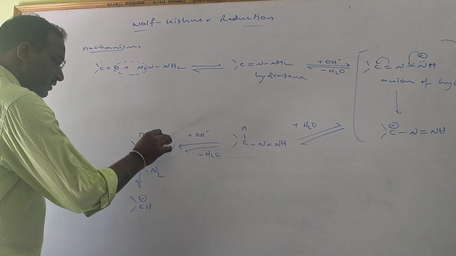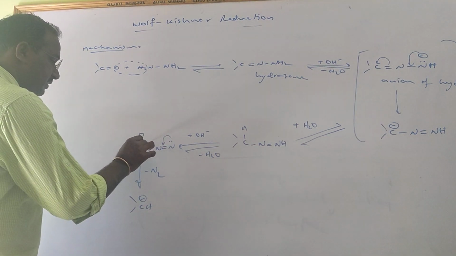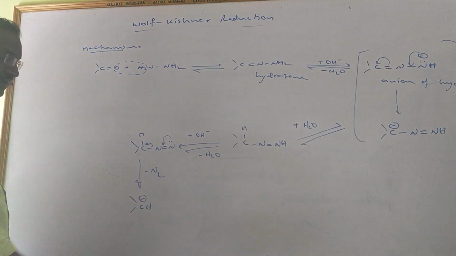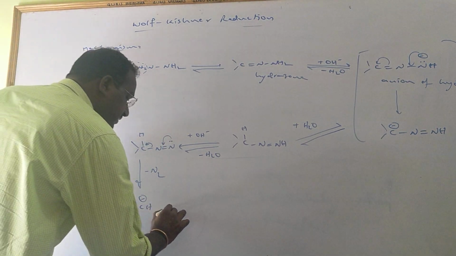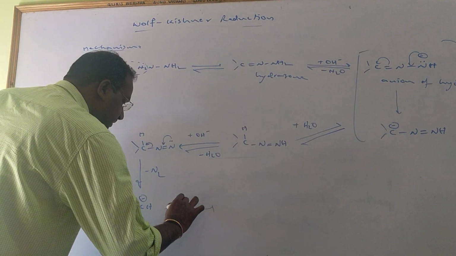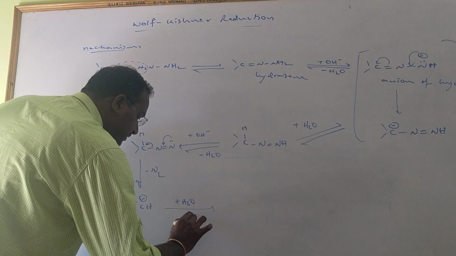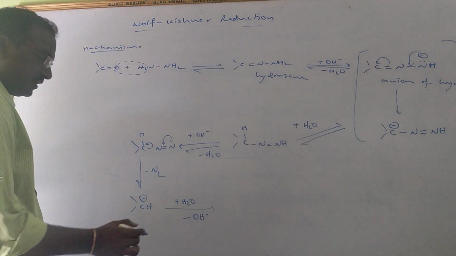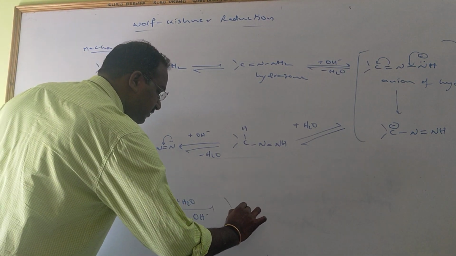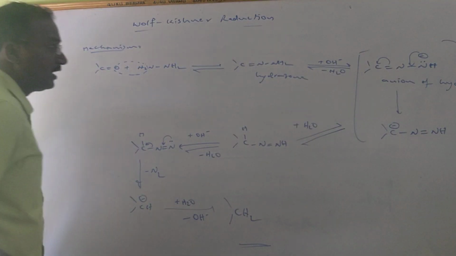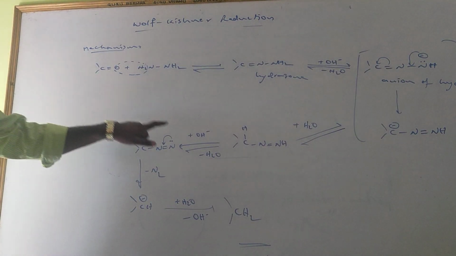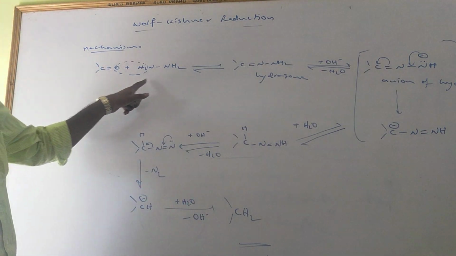It will be formed and these electrons will go here. Once again it converts into a carbanion. For this, the initial H2O is there, right? That will be added to that, and the OH minus whatever the base has given takes up and converts into CH2. Like this, the C double bond O group finally converts into CH2 in basic medium.